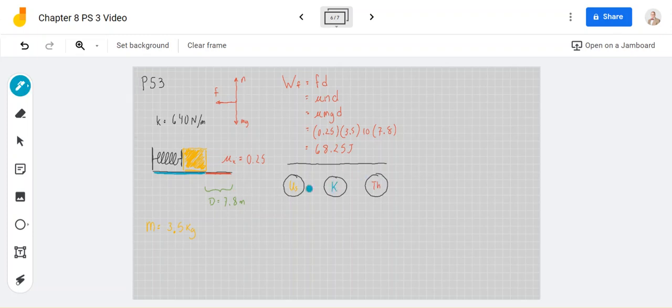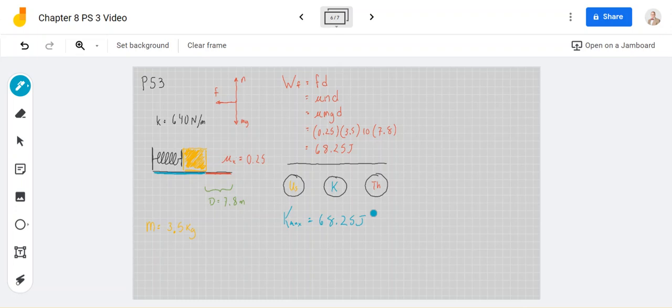So it turns out that all three of these have the same value. The thermal energy that was lost to the surroundings was equal to the maximum kinetic energy, which is right when it left the spring, which was equal to the total elastic energy that was stored there. So the question is, what was your kinetic energy max? It had to be the same as what was all lost, 68.25 joules.